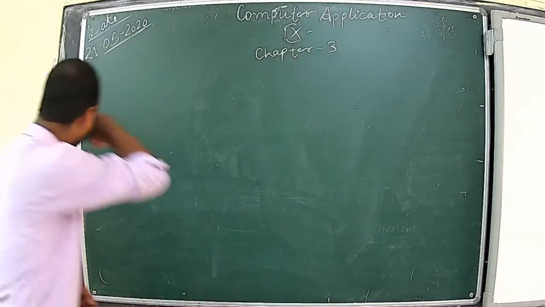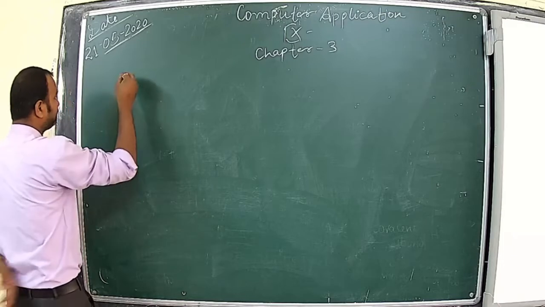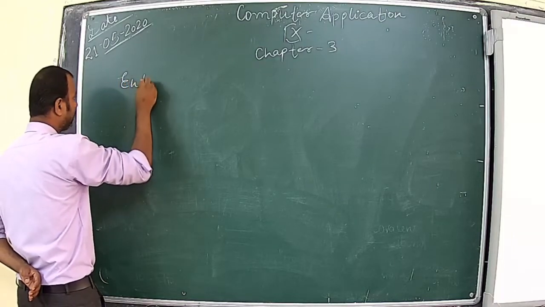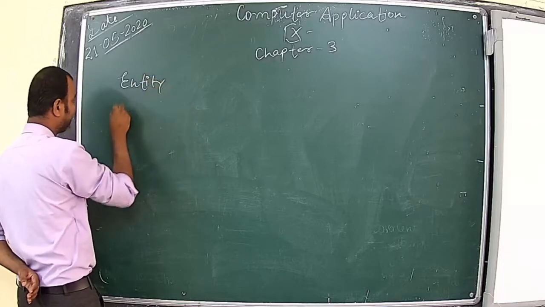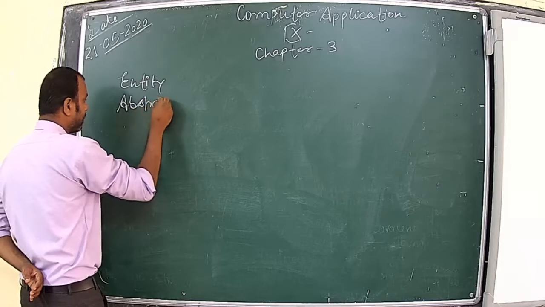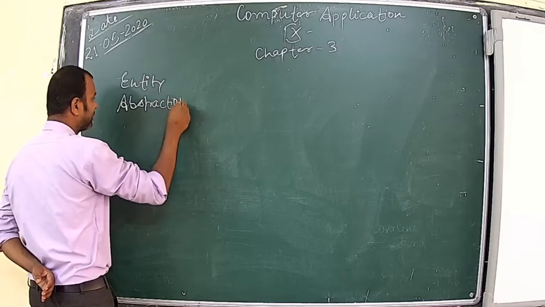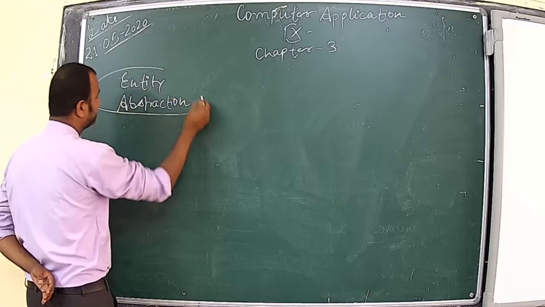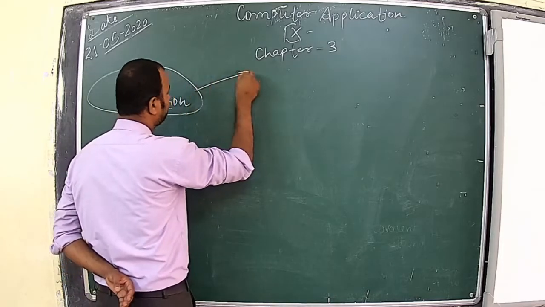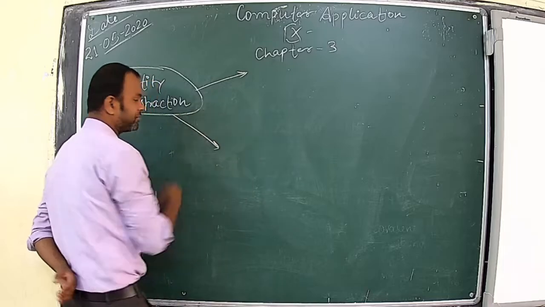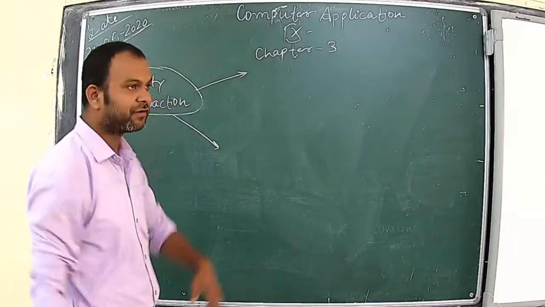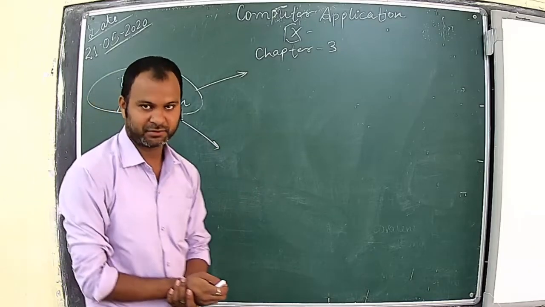So first of all, let's see here, we can write entity, that is abstraction, in the circle here, because we are well aware that an object has some kind of attributes and behavior.